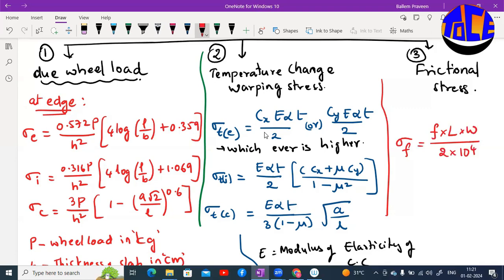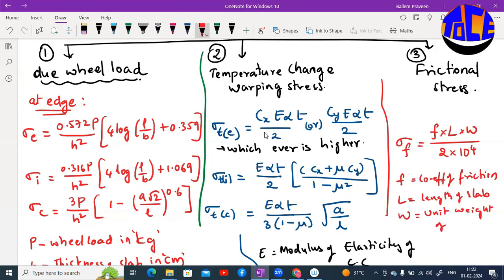Here F is the coefficient of friction, L is the length of slab, and W is the unit weight of cement concrete.